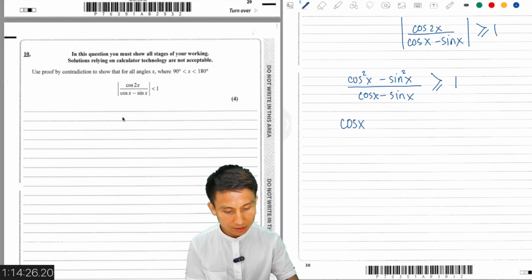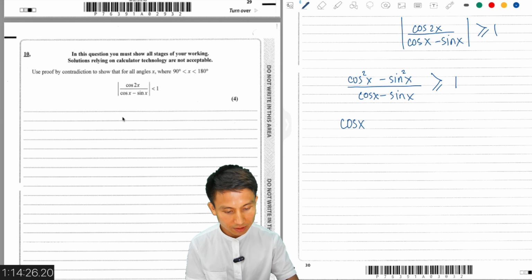So this will reduce to cos x plus sin x greater than or equal to 1, still in the modulus sign, right? Cos x plus sin x: one is a negative value, the other is a positive value. For all angles, right? Okay, I see. How do we deal with this?